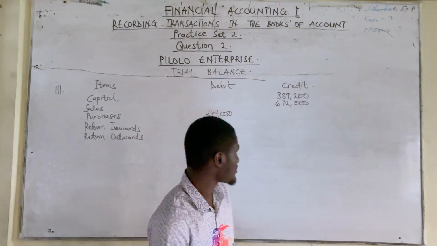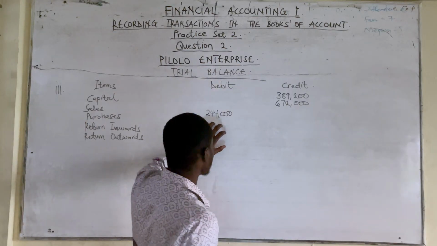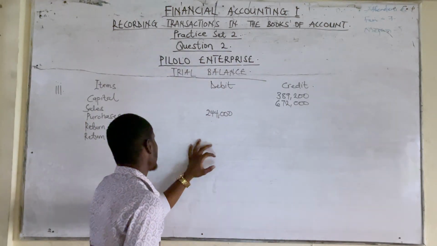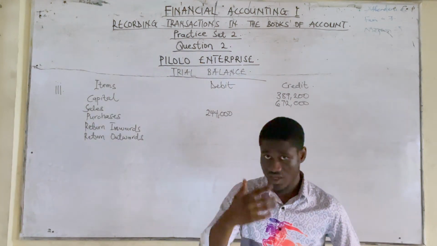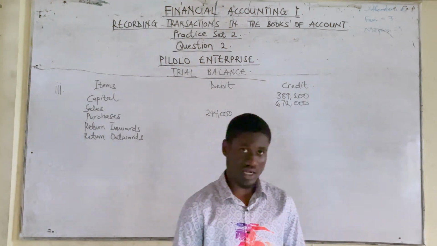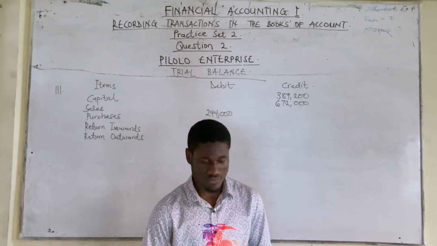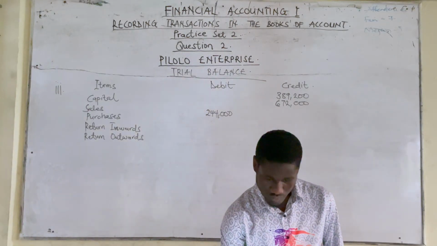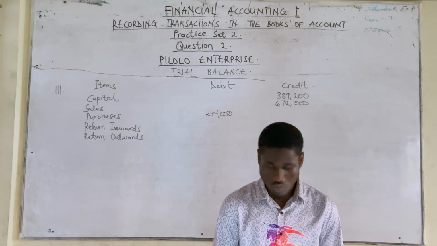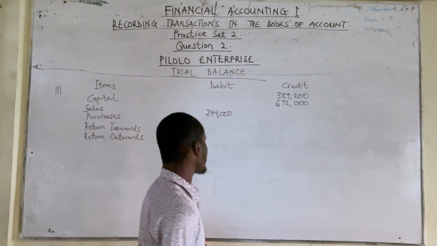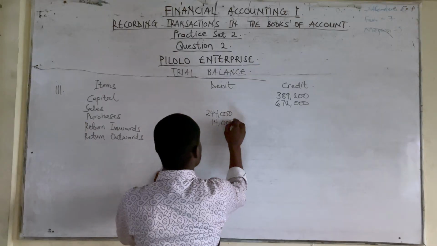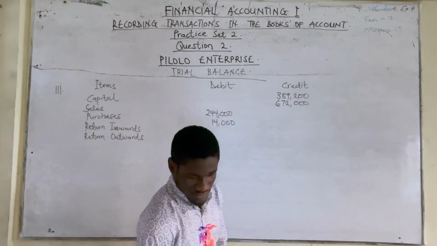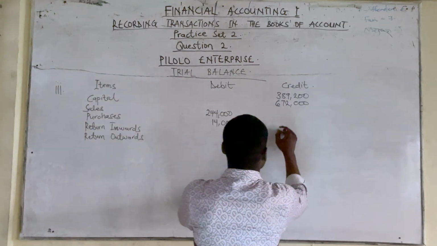But you should know that the returns inward will always be here because it has a debit balance. Then the returns outward will be here. But we will see that from the returns inward and returns outward accounts where the balance BD was. Okay, good. So with the returns inward, we had 14,000. Then we had 4,000 for the returns outward.